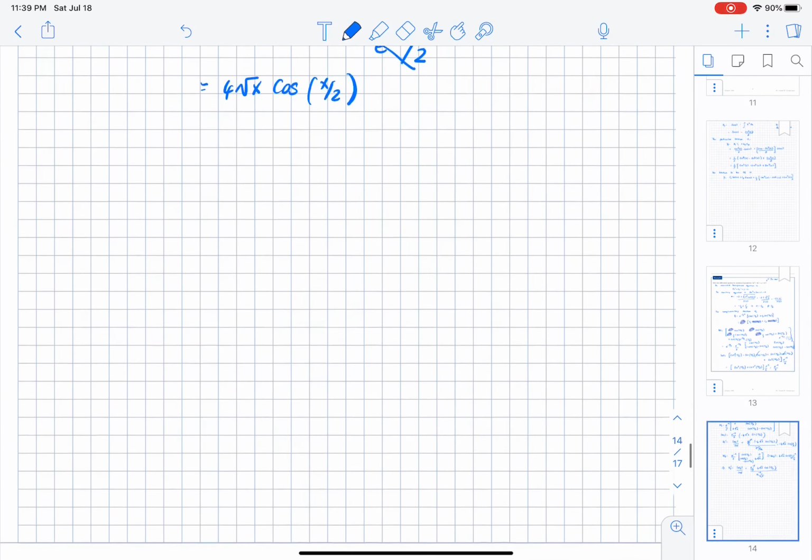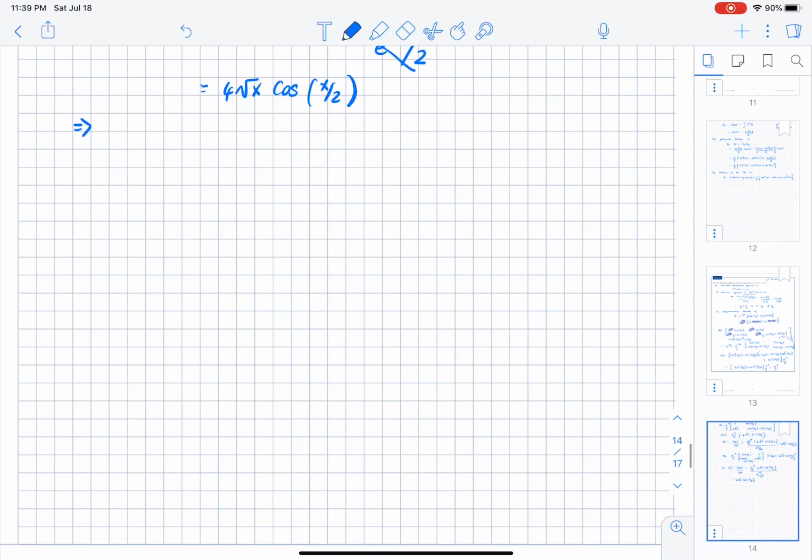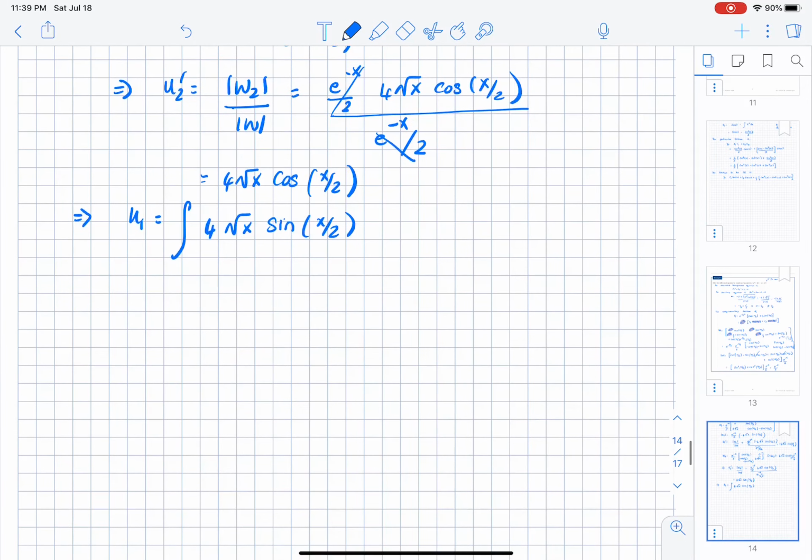Which would mean U1 is the integral of negative 4 root x sine x over 2 dx, and U2 is the integral of 4 root x cosine x over 2 dx.